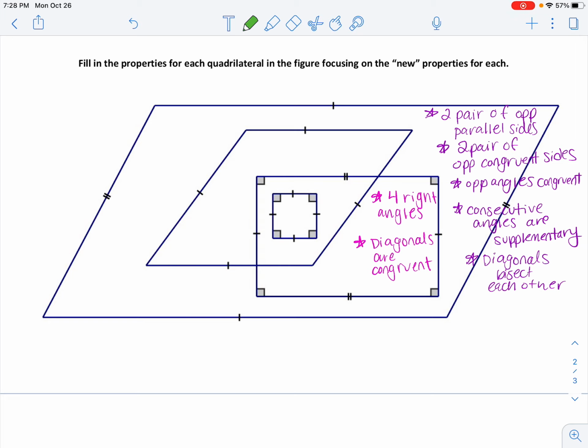So to be a rhombus specifically, we need all 4 sides congruent. And then we get some extra properties as well, and that is that the diagonals are perpendicular bisectors of each other.